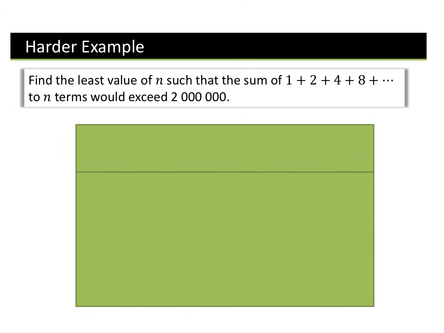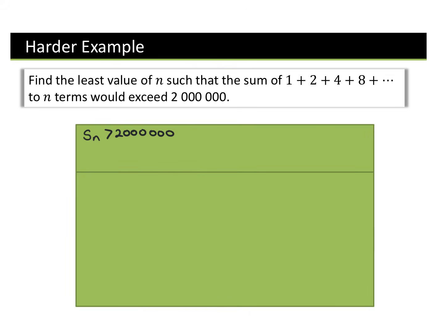Find the least value of n such that the sum of 1 plus 2 plus 4 plus 8 to n terms would exceed 2 million. Okay, so we're trying to find the smallest value of n such that the sum of this would exceed 2 million. So we want Sn to be greater than 2 million.